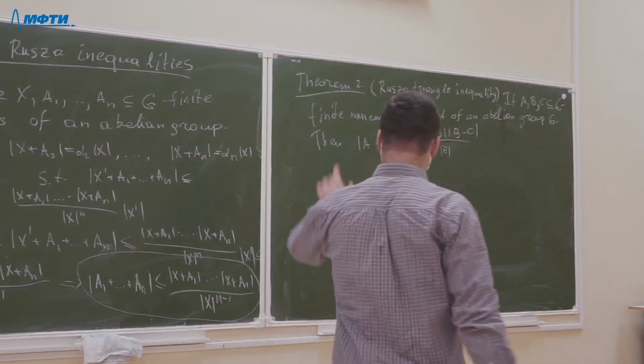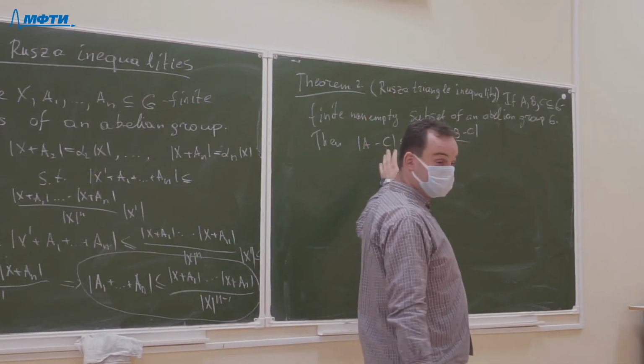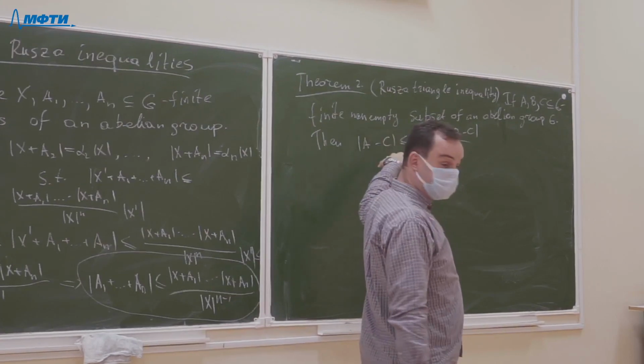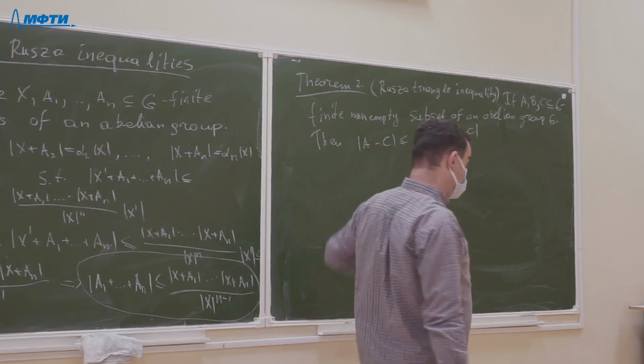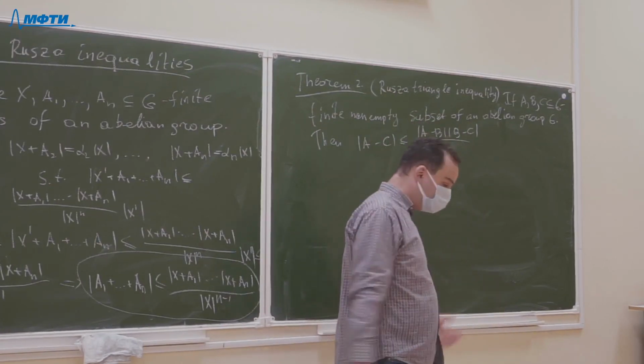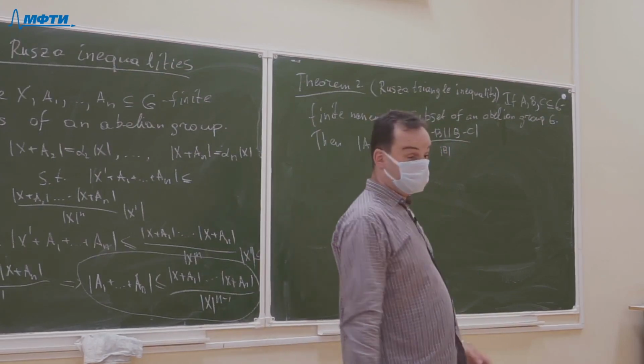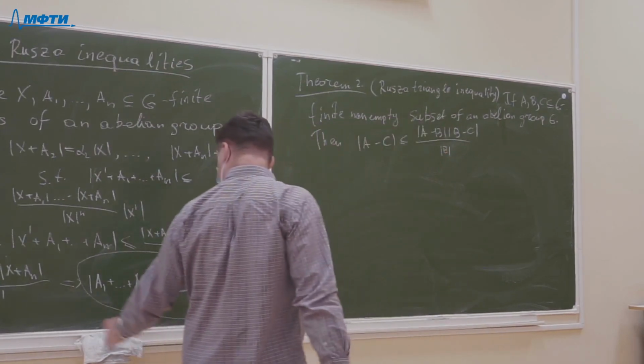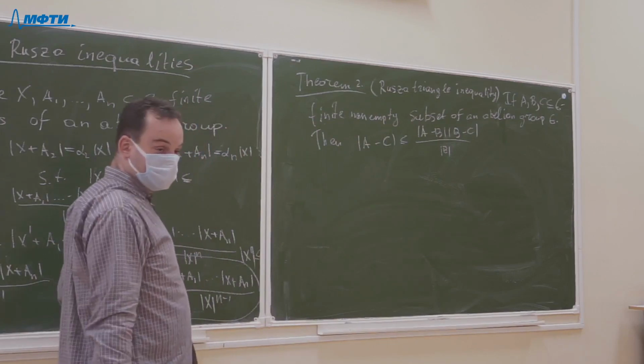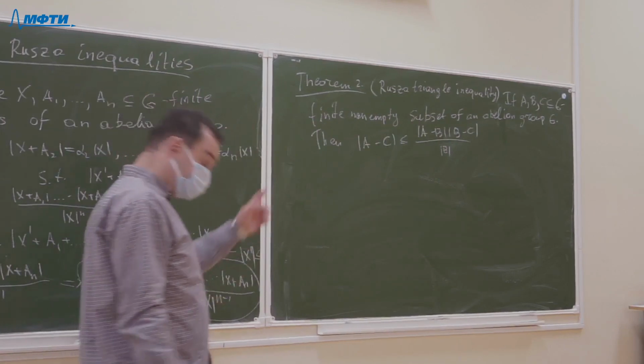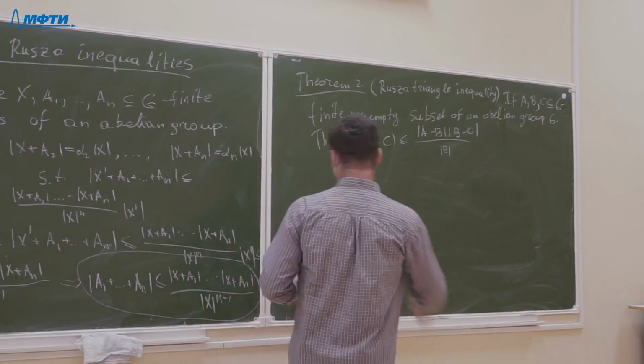Mostly we use this inequality for A minus B, and this is for A plus B. So we need both of them. Proof.